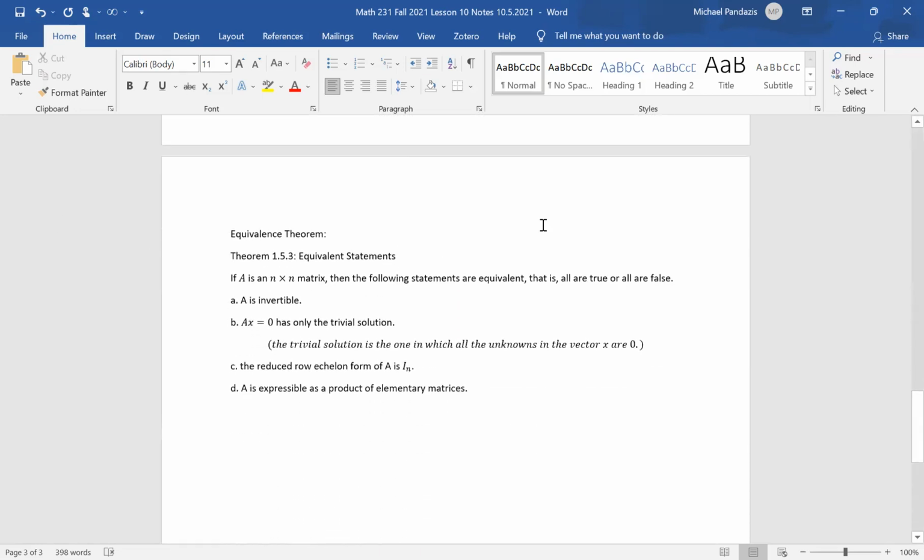Sorry. So that's the equivalence theorem. This is theorem 1.5.3, the equivalence statements theorem. If A is an n by n matrix, then the following statements are equivalent. That is, all are true or all are false. A is invertible. B, AX equals 0 has only the trivial solution. C, the reduced row echelon form of A is I sub n. D, A is expressible as a product of elementary matrices.